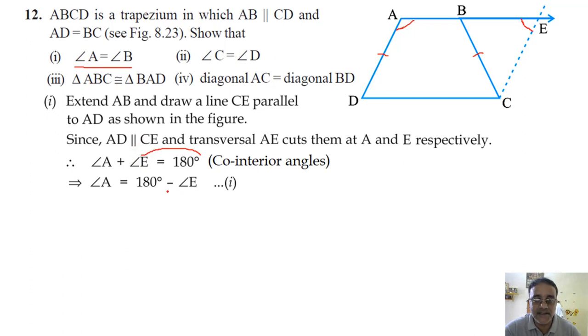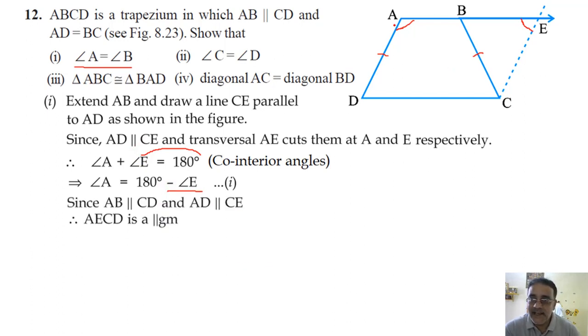Since AB is parallel to CD, AE is parallel to DC, and AD is parallel to CE by construction, so AECD is a parallelogram. This is clear to all of you?